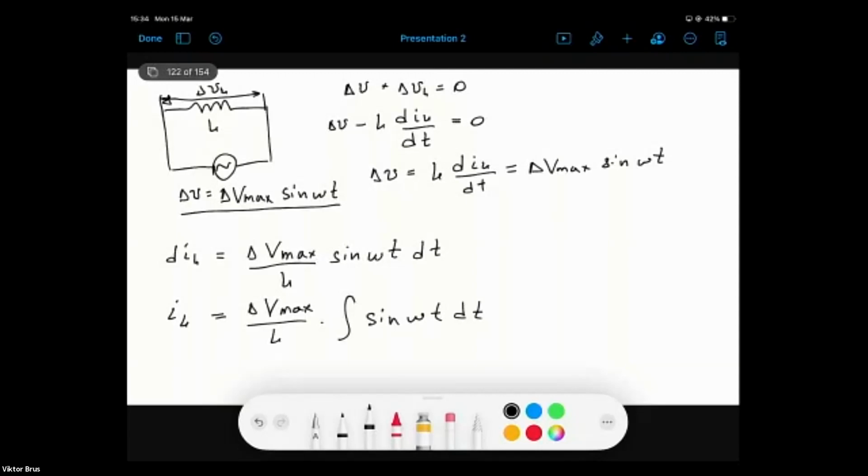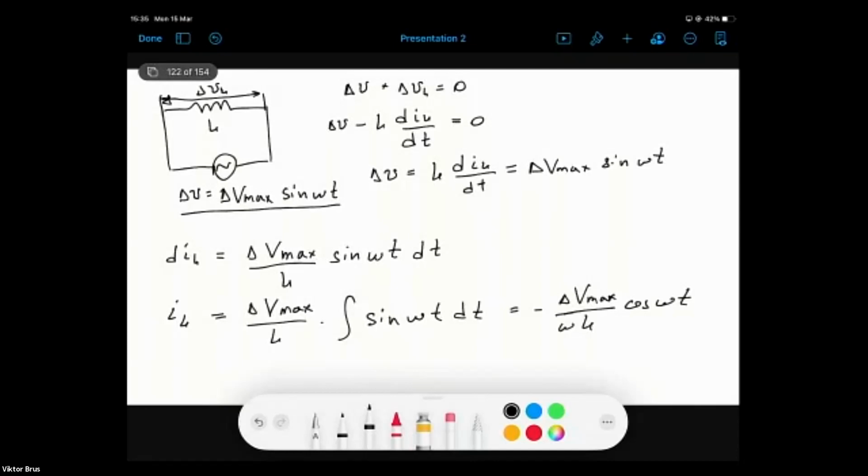And the solution of this integral will be minus delta V maximum over L times, here we will also have omega, because we have omega in the argument of sine, times cosine omega t.